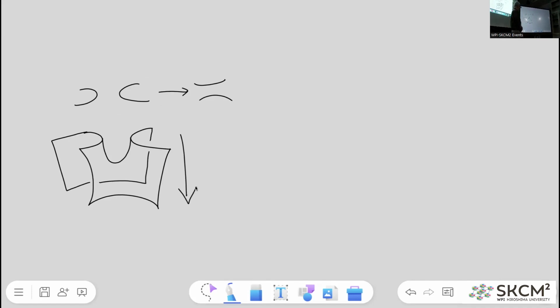So you can think of the association of one smoothing to the other smoothing as filled in by a surface whose boundary at the top has one smoothing type right there, and whose boundary at the bottom has the other smoothing type right there.